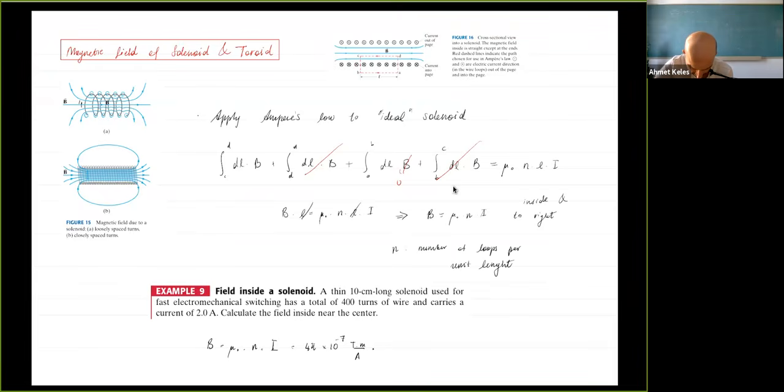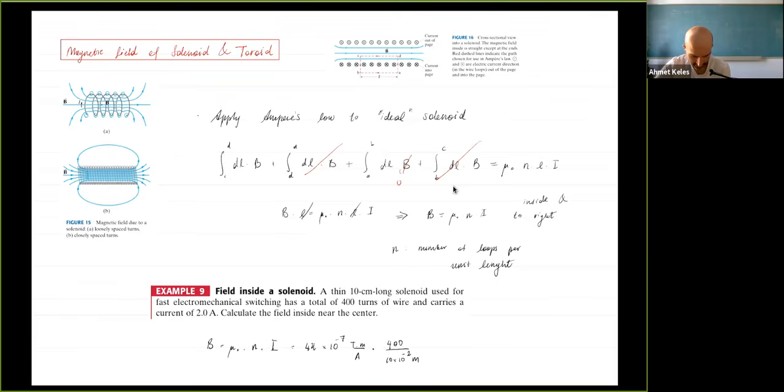It's 400 divided by 10 centimeters, which is 10 times 10 to minus 3 meters. Oh my God, I'm having a centimeter crisis today. It's 10 to minus 2 meters. Okay, I guess that's a little better, right?